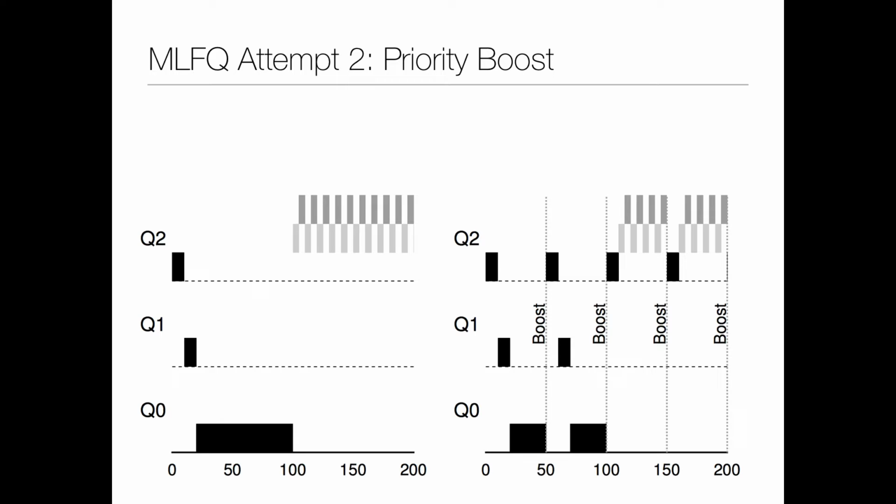So in this case, what's happening is every 50 time units, the black process moves to the top of the queue. Again it runs for 10 units at Q2, again runs for 10 units at Q1, again demoted to Q0, again at time equal to 100, it moves to the top of the queue, runs, and completes after a certain time.